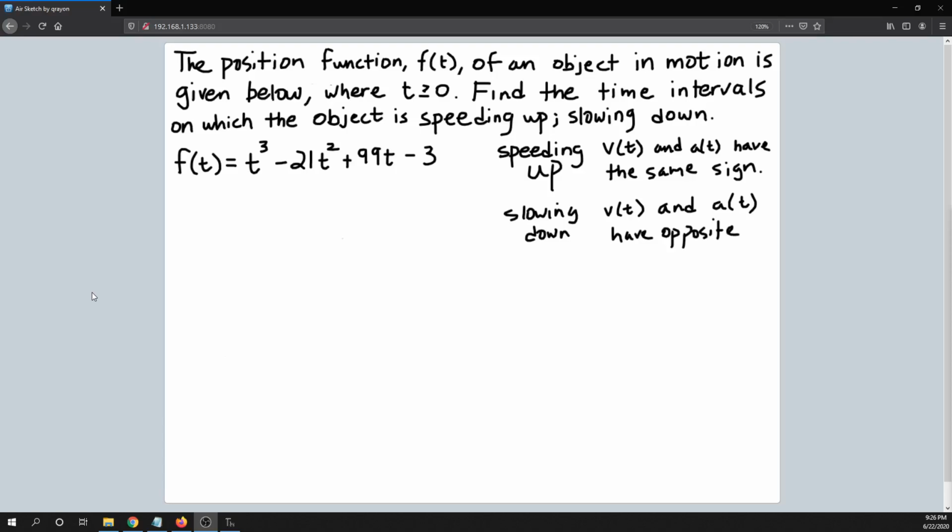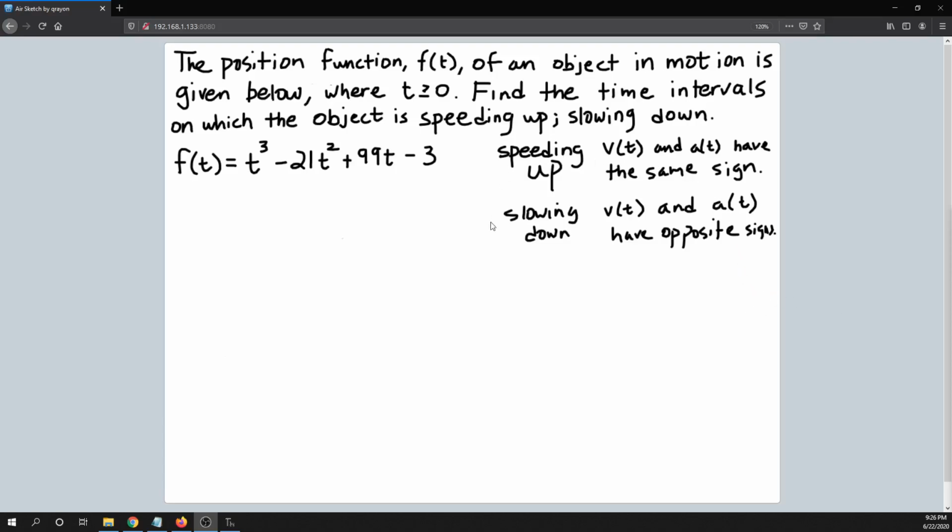So again, imagine you're traveling to the right on the number line in the positive x direction, but then you're getting pushed in the opposite direction. Well, that's going to cause you to slow down. Same thing if you're traveling to the left.